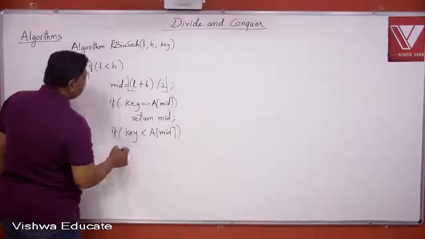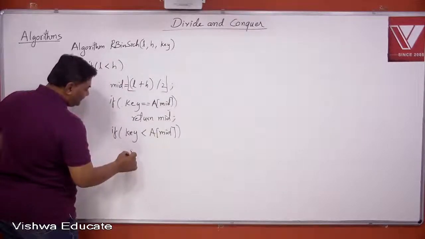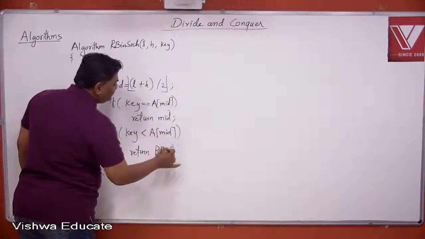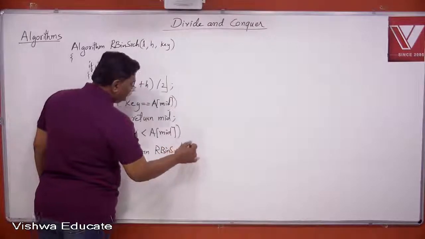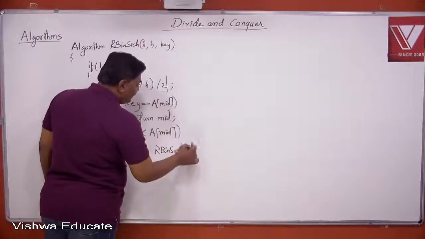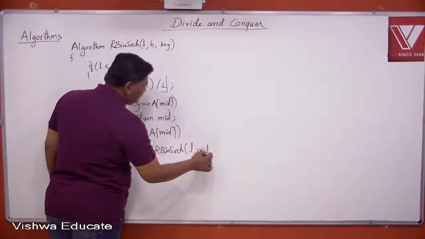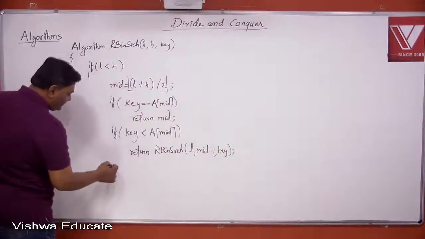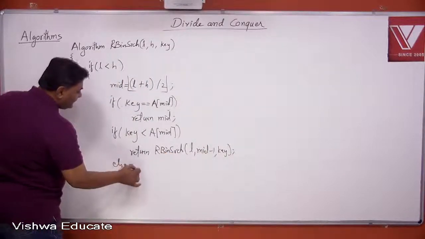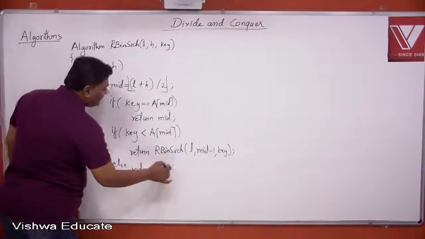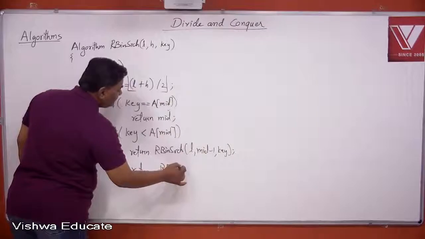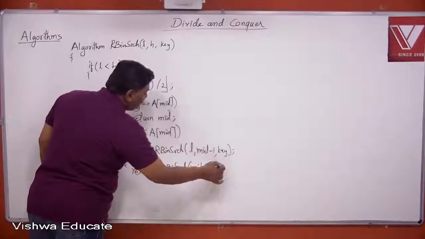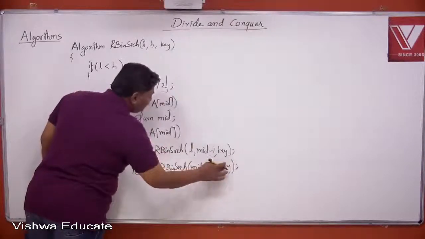Then we will call again recursive binary search with a return statement, BINSRCH I have written. Then it's on the left hand side. So low is as it is, then high will be changed to mid minus 1, and then the key is as it is. We have already written this code. Otherwise, return our binary search. Then this will be mid plus 1, and this is high as it is, and key is sent to it as a parameter.